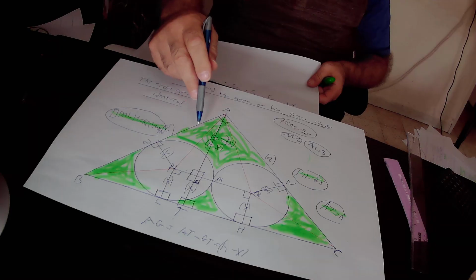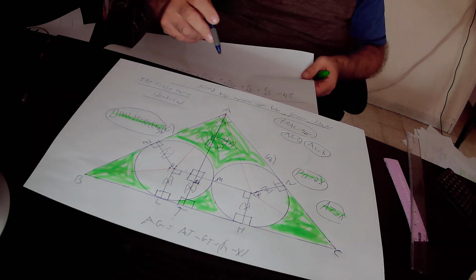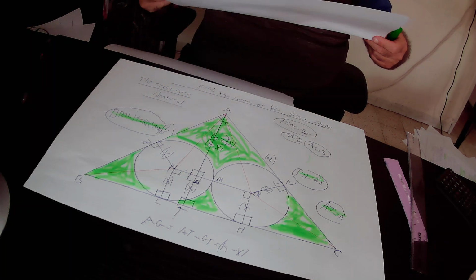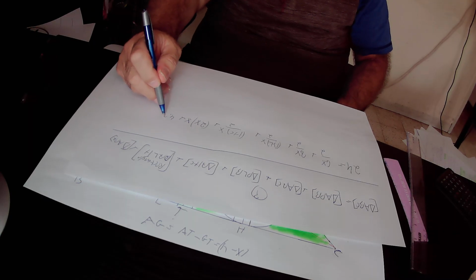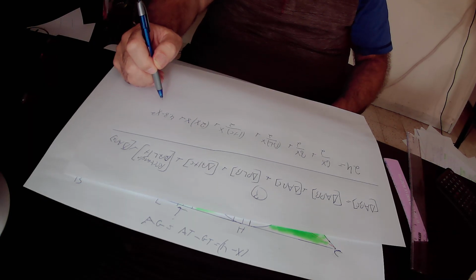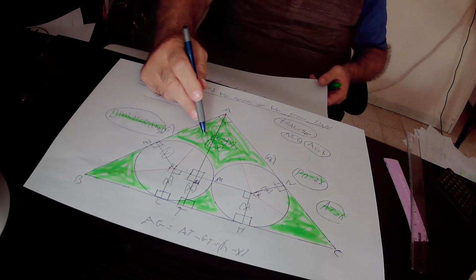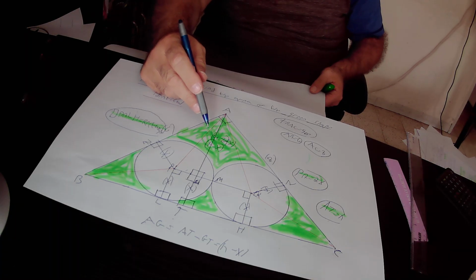Plus the area of this triangle APQ. We found out that the area of triangle APQ equals 4x minus x squared units.